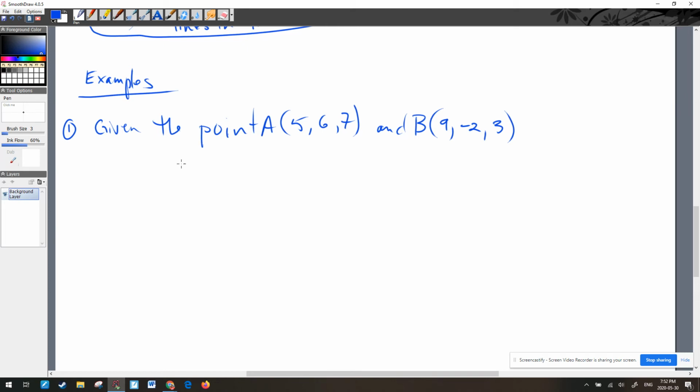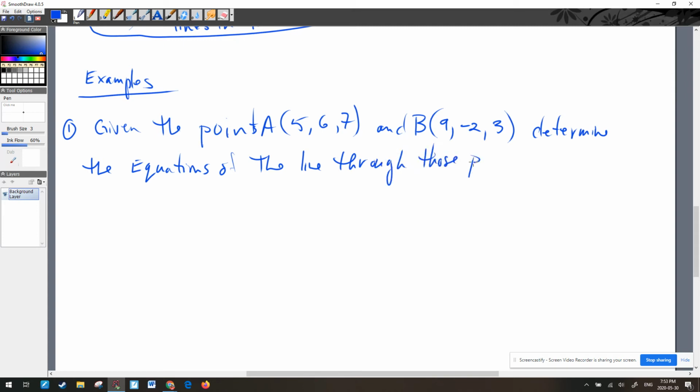Okay, so given the points A is 5, 6, 7, and B is 9, -2, 3, determine the equations, because I want to do all 3, of the line through those points.